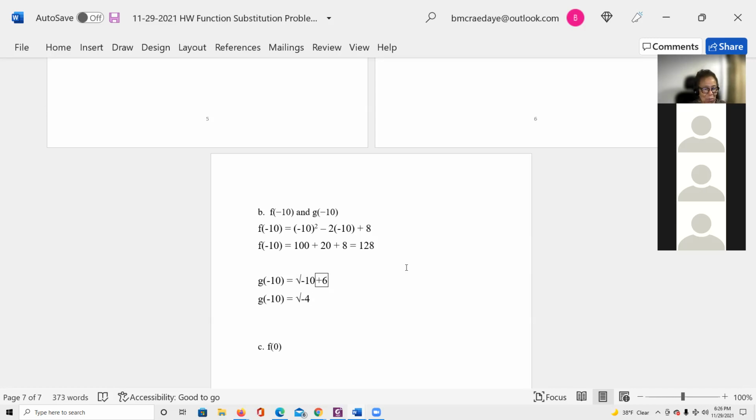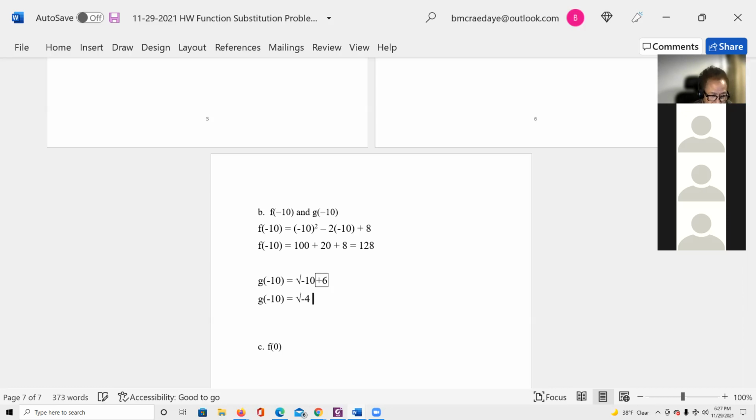Okay, so we have G of minus 10 equals square root of negative 4. Now, when you have a negative number, what you do is divide it into a negative 1 and a number. So what two numbers would I put on the square roots to give me the negative 4?